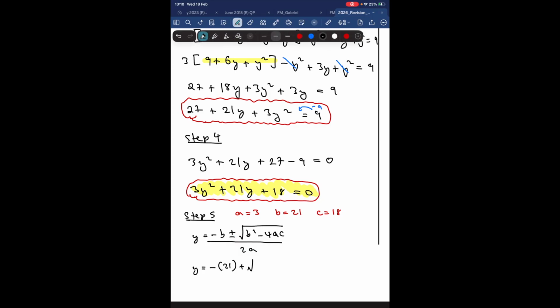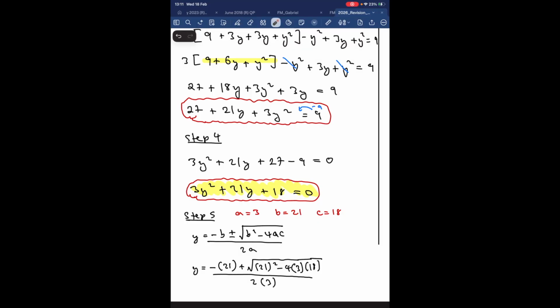So plus square root, and then b is 21 squared, minus 4, and then in brackets a is 3, c is 18, all over 2, and then in brackets a is equal to 3. This is the bit of working that you need to show the examiner. You need to show that the substitution is done correctly.